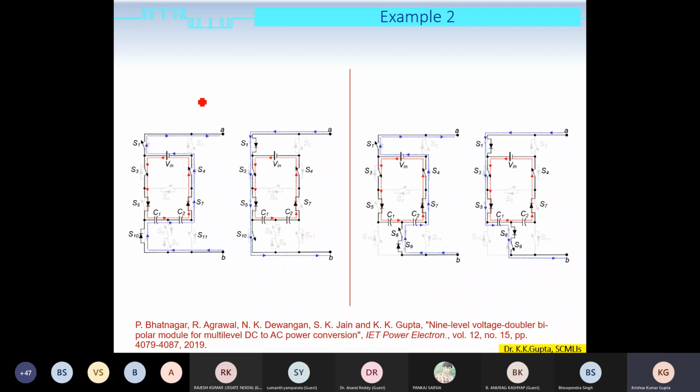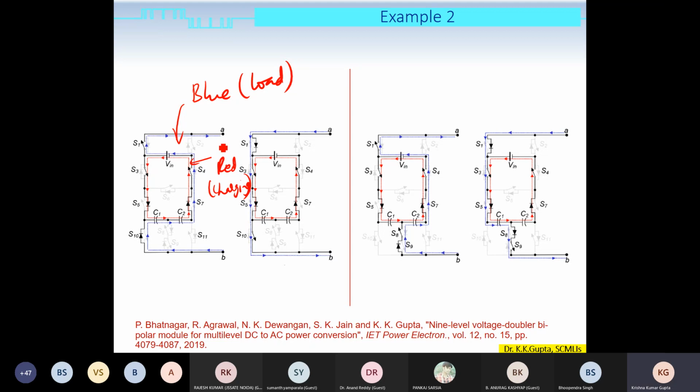In each state, you find two kinds of paths. This path, which is in blue color, and another path, which is in red. The blue path is basically for the load, and the red path is basically for charging of the capacitors, right? So simultaneously, both things are being done here.